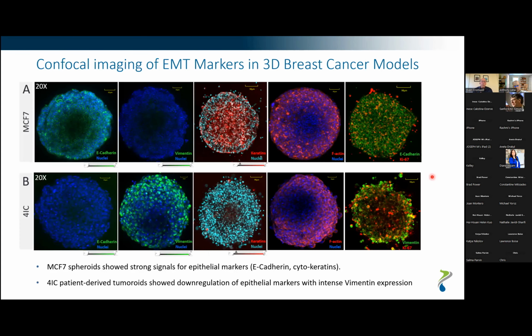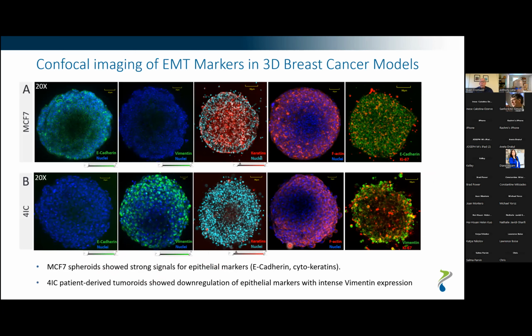And so this is the collection of images here, a lot of data, but on the left, we have E-cadherin, which you see a strong expression of E-cadherin with the MCF7s, but very low E-cadherin in the 4IC cells. This is an epithelial marker. When we look at Vimentin, you see loss of Vimentin in MCF7, but a strong Vimentin staining in the 4IC models.